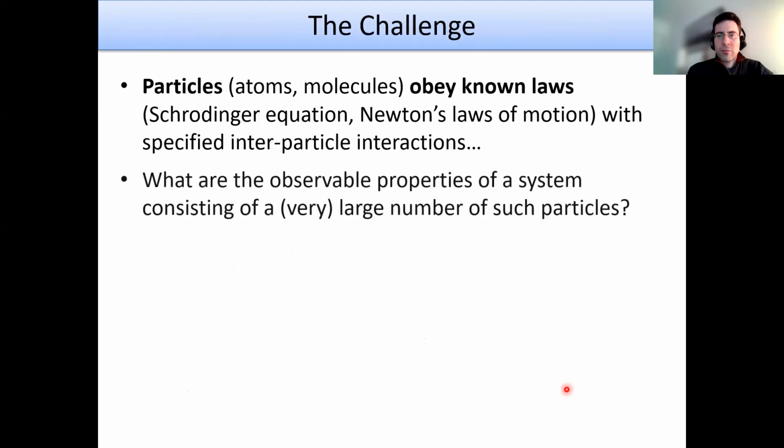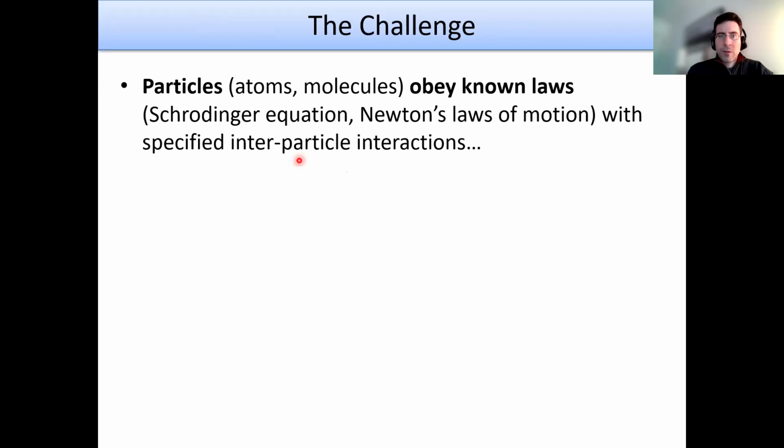And as I mentioned a moment ago, we know the laws that these small particles obey, the atoms and the molecules. So in the quantum mechanical description of nature, we have the Schrödinger equation that, for instance, the electrons are obeying.